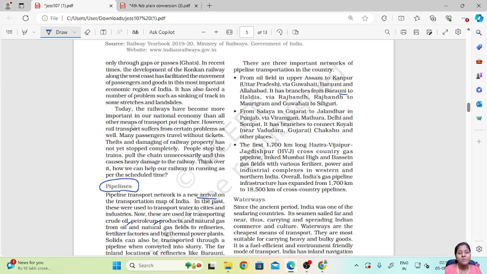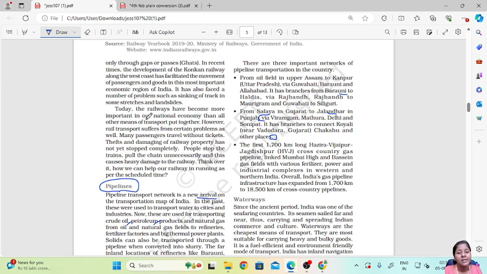Second is from Salaya in Gujarat to Jalandhar in Punjab via Viramgam, Mathura, Delhi, Sonipat, with branches to connect Koyali near Vadodara, Gujarat.